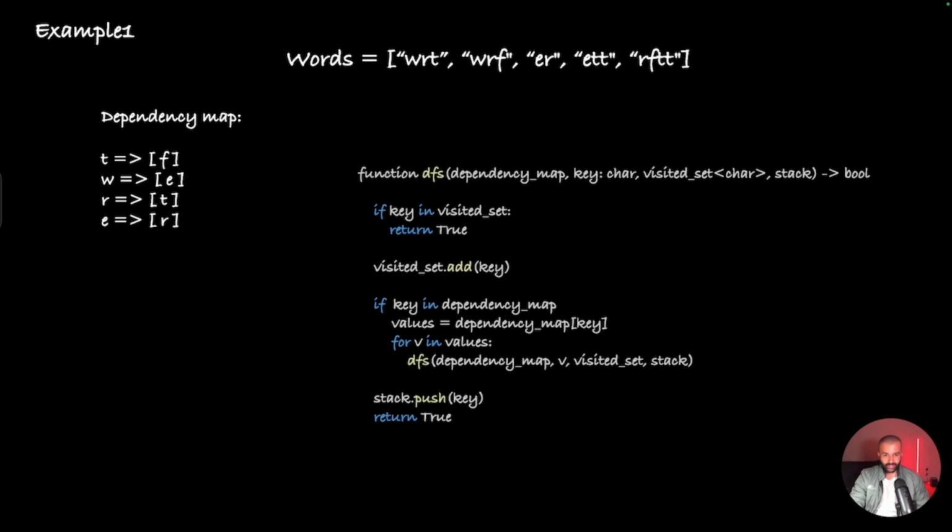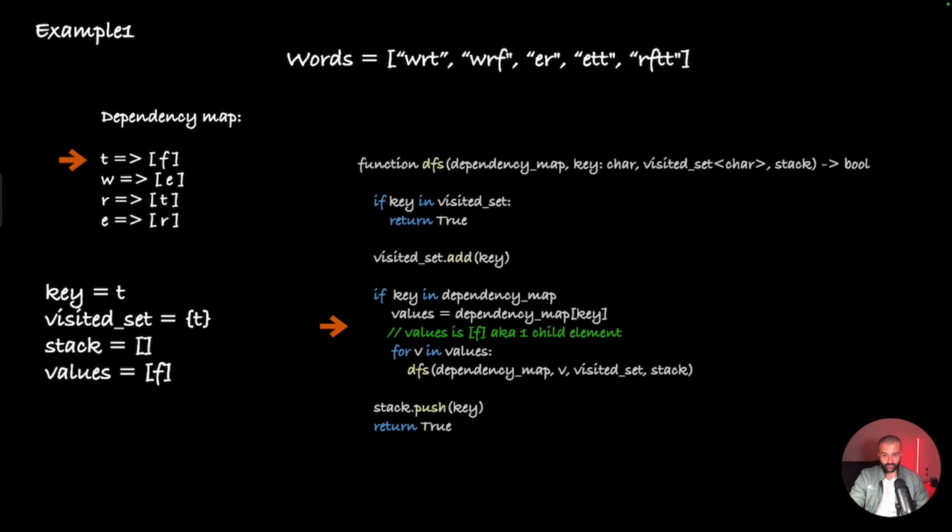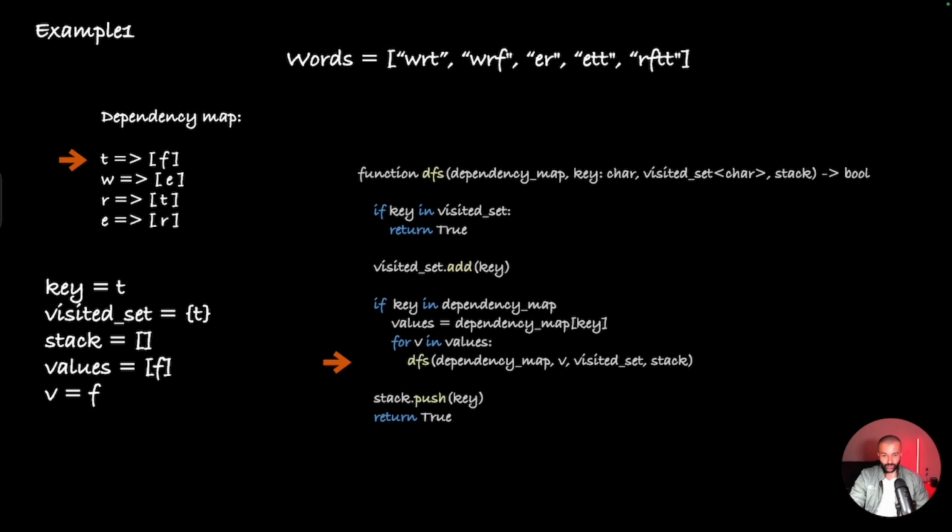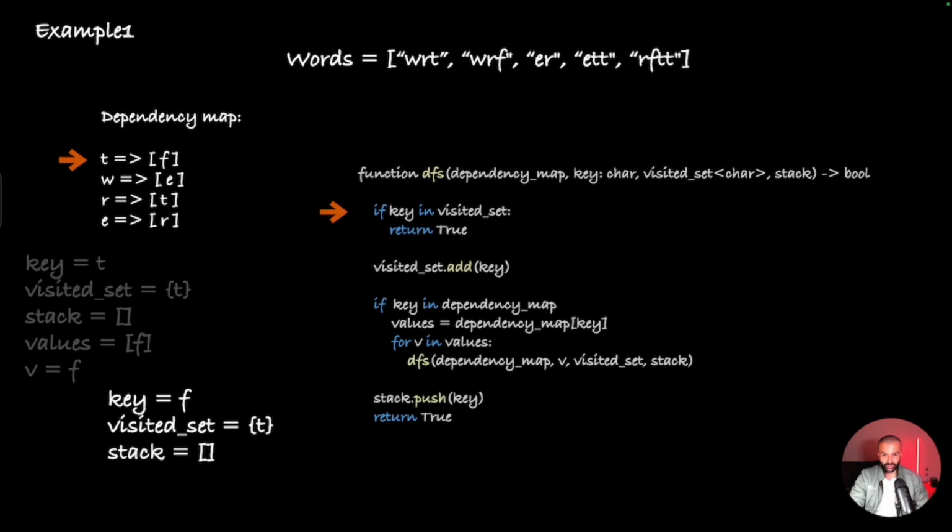This is the depth first search. We're going to go through every key in our dependency map, and we're going to call depth first search. We're going to first start with T. We're going to have an empty visited set and an empty stack first. We add T here, and then we check the values of T, and T only has F as its values, so we're going to go through recursion with F. And F here has no membership in the dependency map, so we are simply going to skip this if condition.